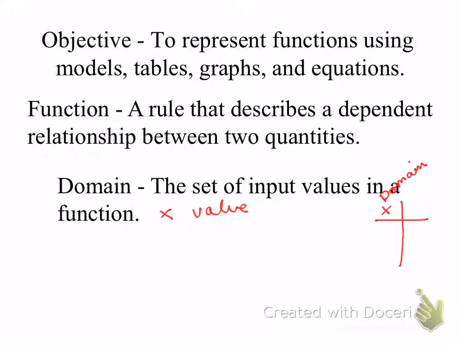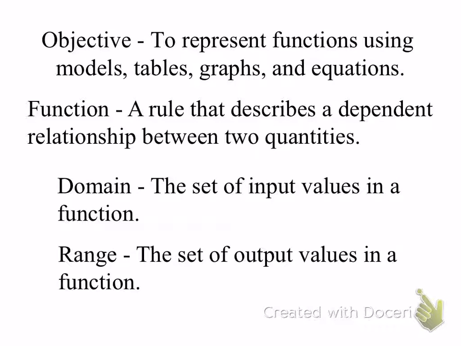And my y is my range. What do we call the y? Our set of output values. It's like a number machine. I plug something in, I get it out. What I plug in is my input or my independent. What I get out is my output or my dependent or my y.